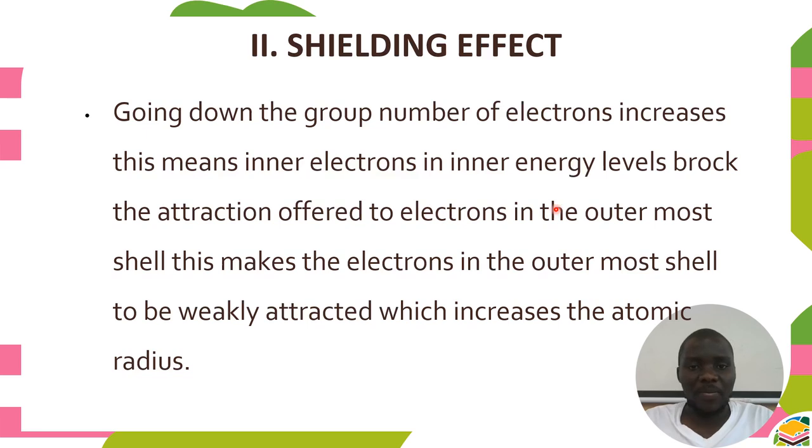So a question can come: explain what happens to the atomic radius as we are moving from top to bottom. The answer would be, moving from top to bottom, the atomic radius increases. Why? What makes the size of an atom increase? First of all, as we are going down, the number of energy levels is increasing.